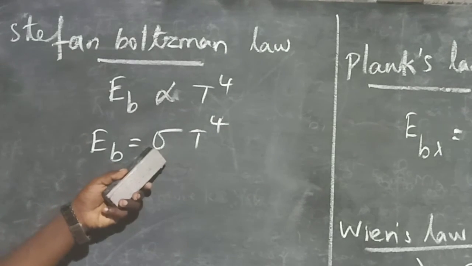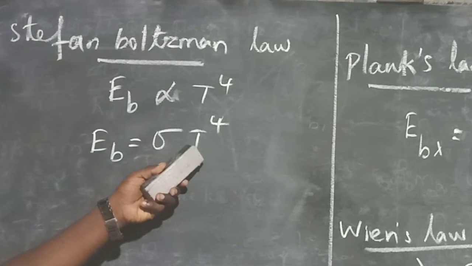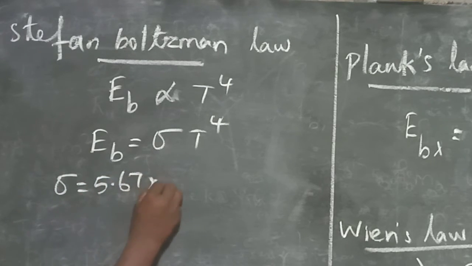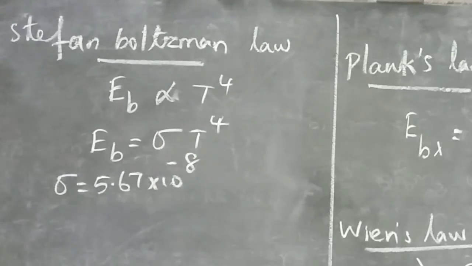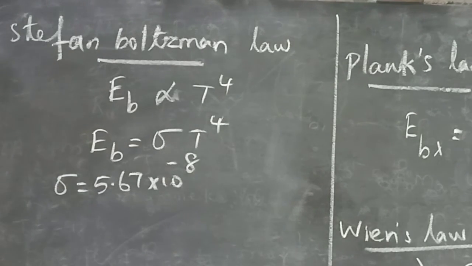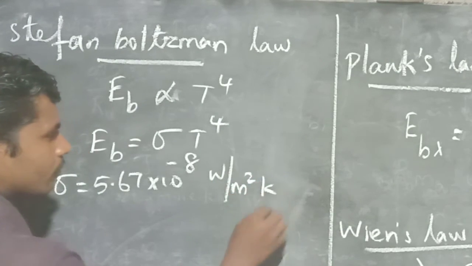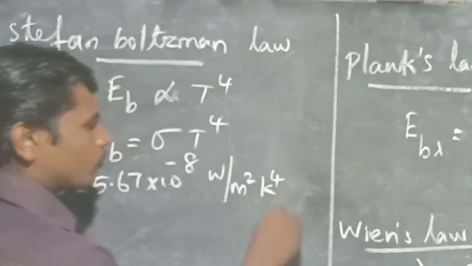Here sigma is the Stefan-Boltzmann constant and T is the absolute temperature. The value of the constant is 5.67 into 10 power minus 8 watt per meter square Kelvin power 4.